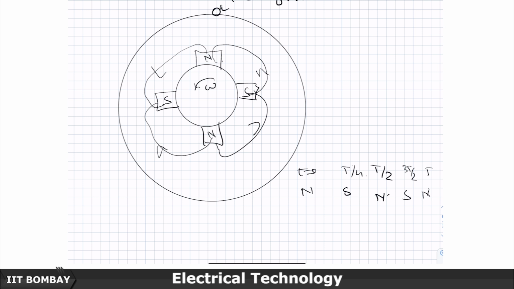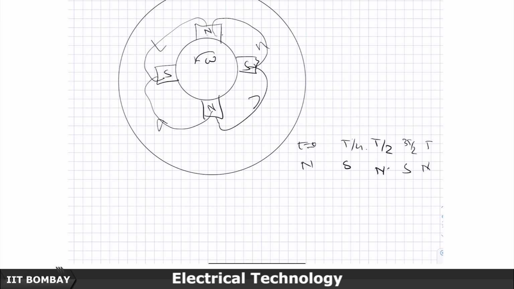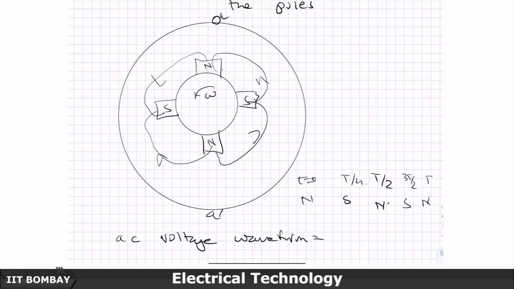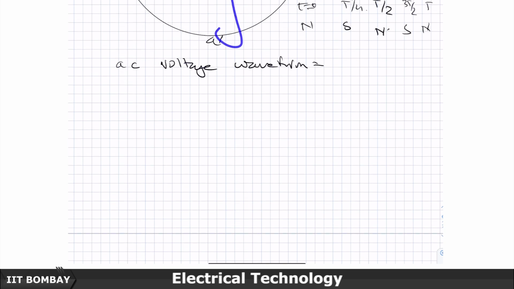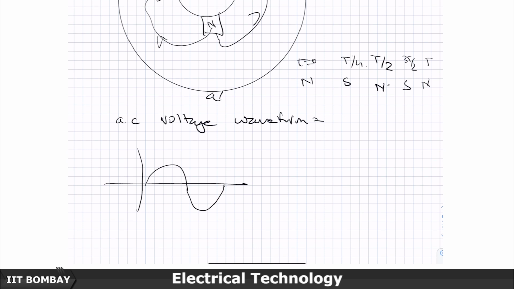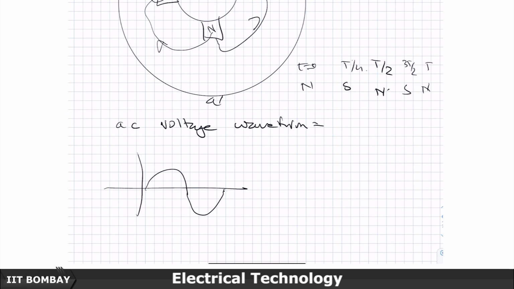therefore, if you see in the AC voltage waveform that is being generated by this A dash turn, it will have now, and we have seen it generates an AC voltage, it will generate one AC waveform in t by 2 time.